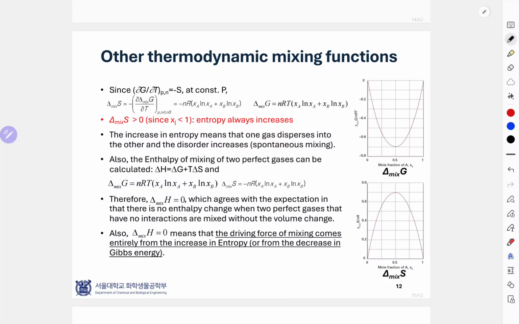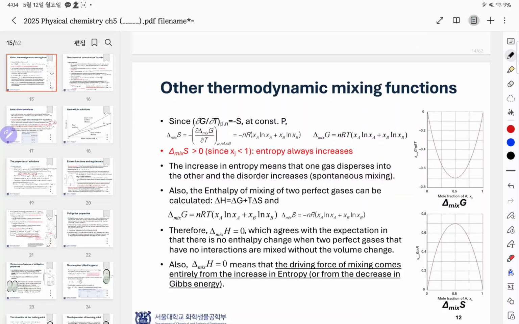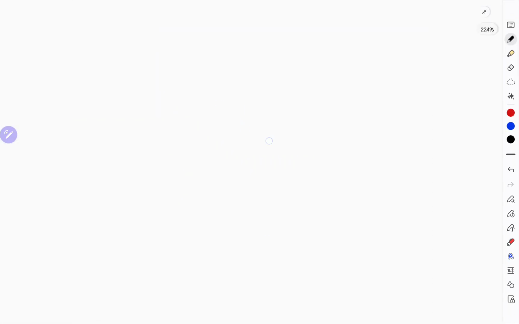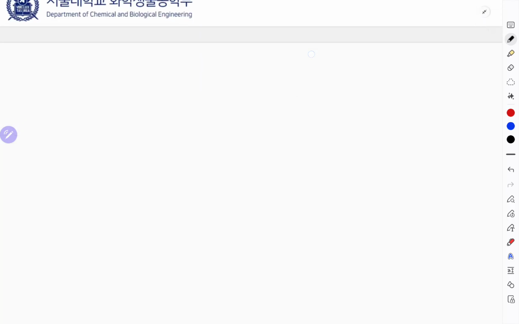So from the fundamental equation, entropy S is equal to minus the derivative of G with respect to T while holding the pressure and other components constant. So we can derive this equation as a mixing function.